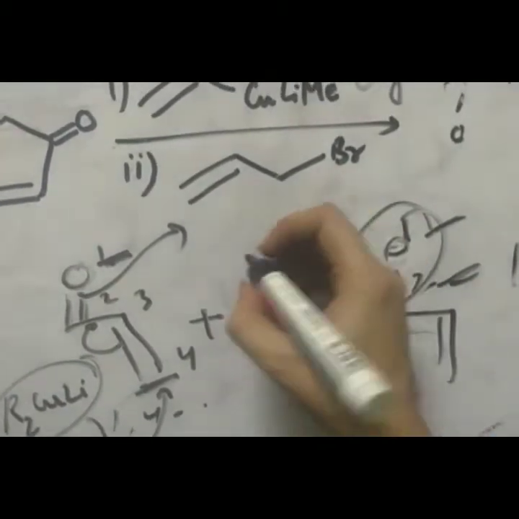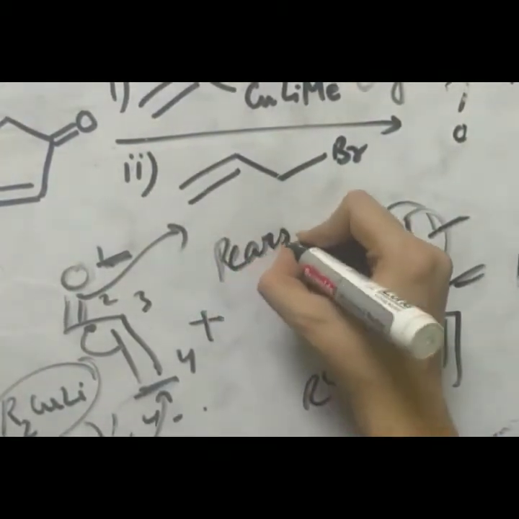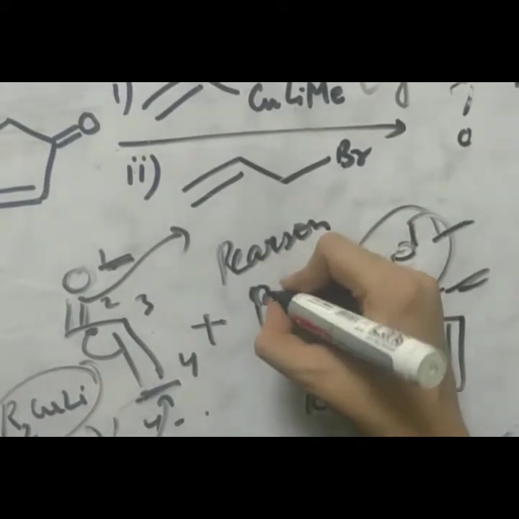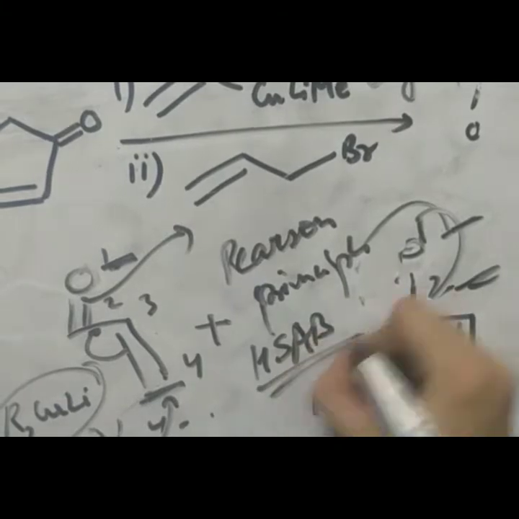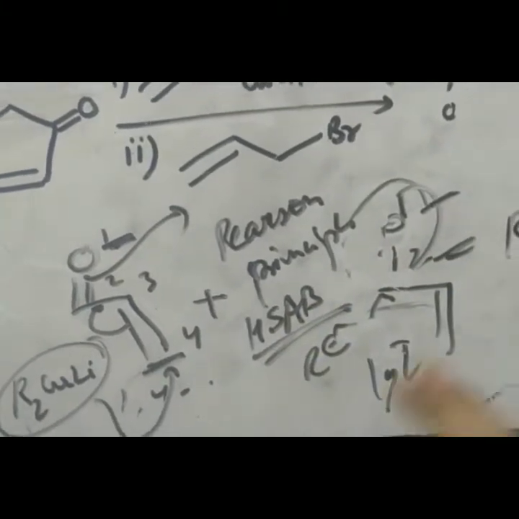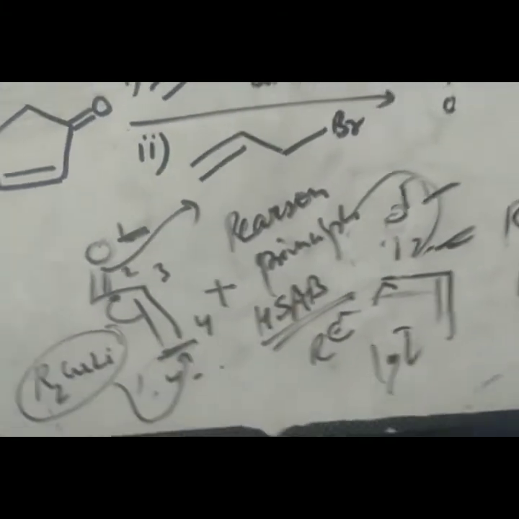So you have to remember this. And how am I saying this? See, this is based on Pearson principle, also known as HSAB, hard soft acid base principle, which decides which one is attacking where.